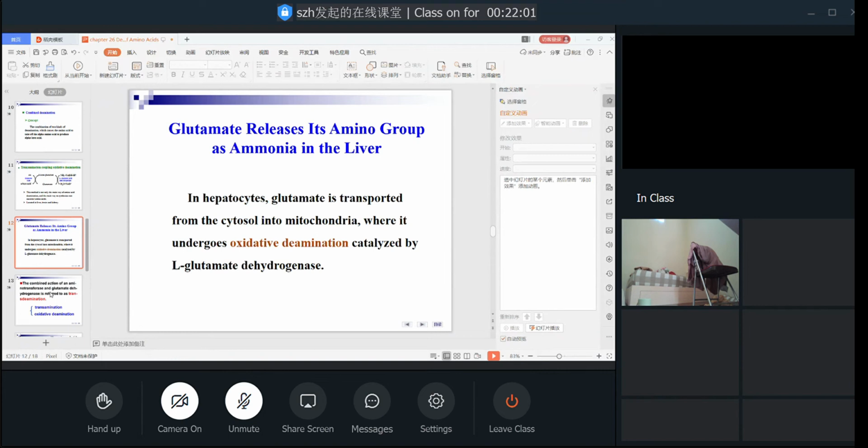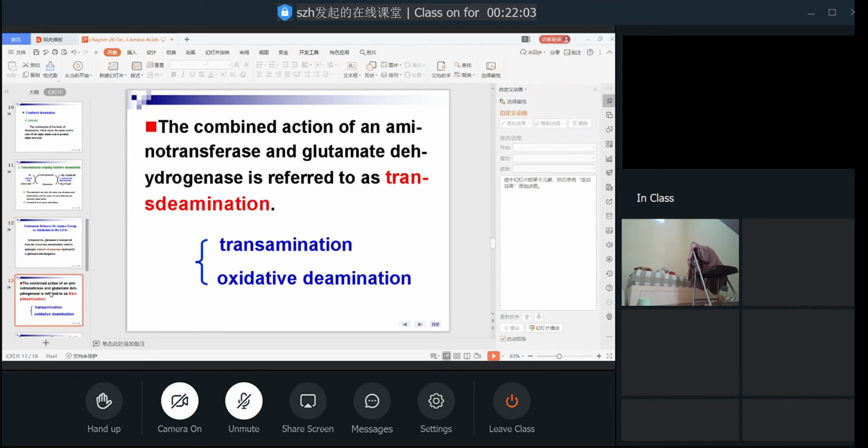So don't worry, no problem. The combined action of the aminotransferase and the glutamate dehydrogenase is referred to as transdeamination. At that time, you can see two kinds of methods.